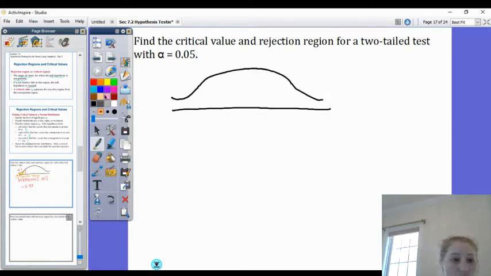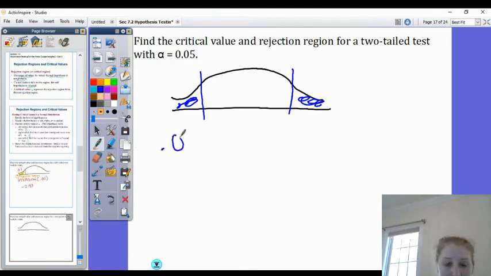Okay, so we know since this is a two-tailed test, we're going to have this and this. Okay, so my alpha level is 0.05, but since I've got two of them, I need to split that up. So I'm going to take 0.05 and divide that by 2, and that's going to give me 0.025.